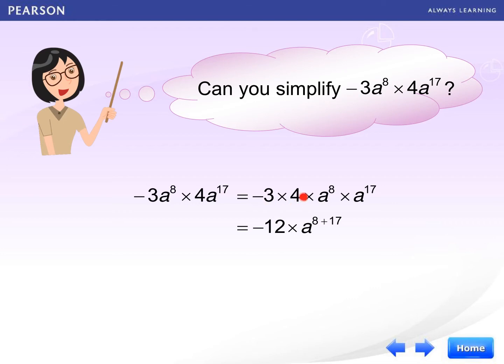We multiply negative 3 and 4, it becomes negative 12. We then multiply a to the power 8 and a to the power 17, which is a to the power 8 plus 17. And the answer is negative 12a to the power 25.